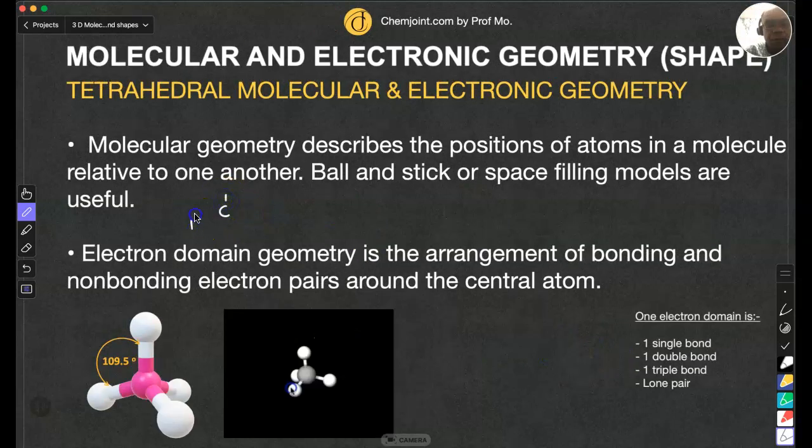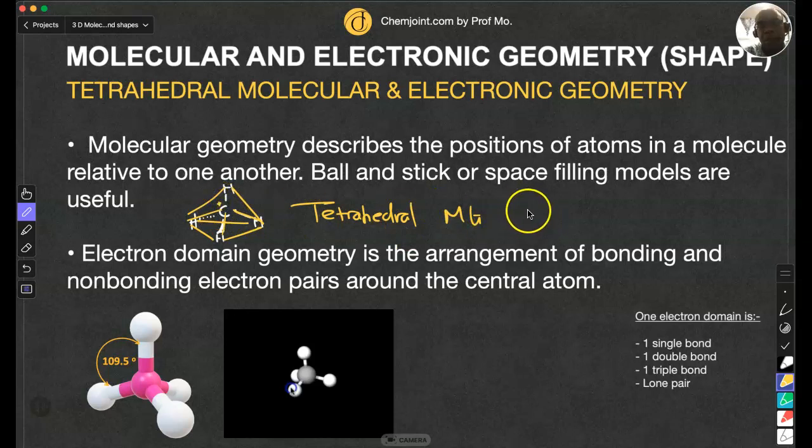For tetrahedral, again, the hydrogen will be away. This will be toward you in 3D on the plane. For molecular geometry, you're connecting the elements. Now you know the story, you know the drill. Connect the elements, you're going to end up with molecular geometry being tetrahedral. And then do we have a central lone pair? No. The electronic geometry is also going to be tetrahedral.